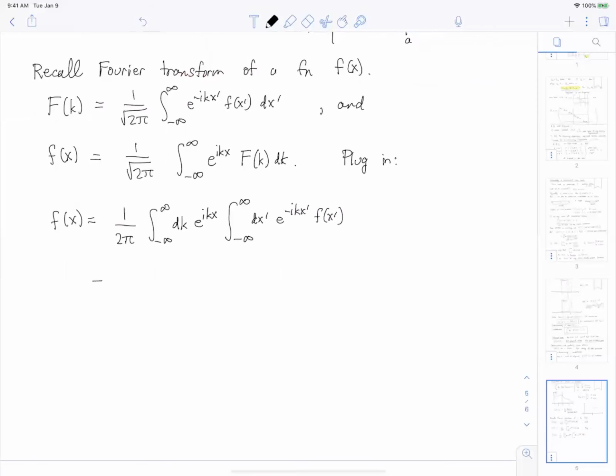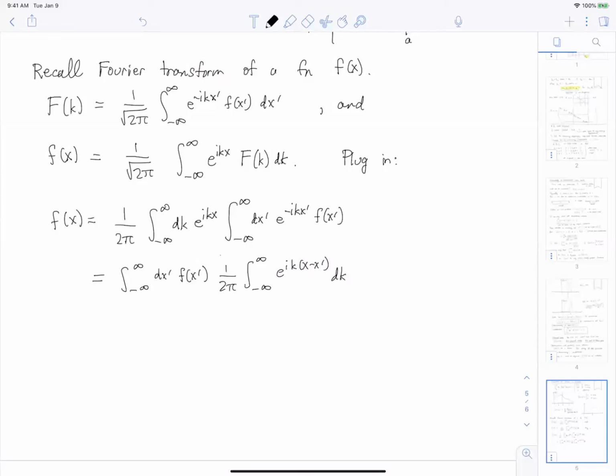So I'm going to leave the x prime integral on the outside, and move out the function f of x prime there too. Then I'm going to write my factor of 1 over 2 pi, and then integral minus infinity to infinity of e to the i k, x minus x prime, dk.